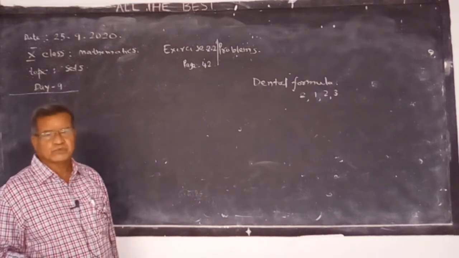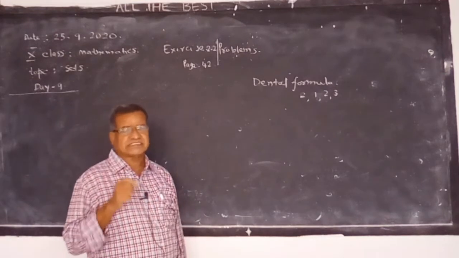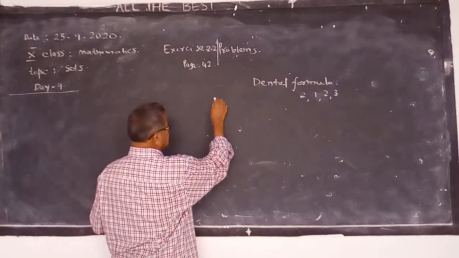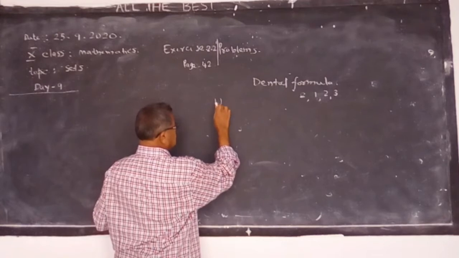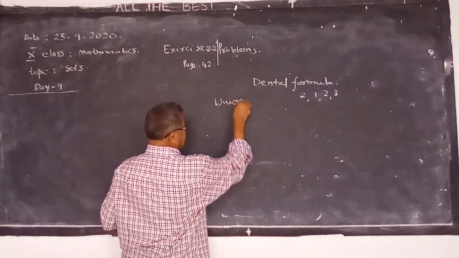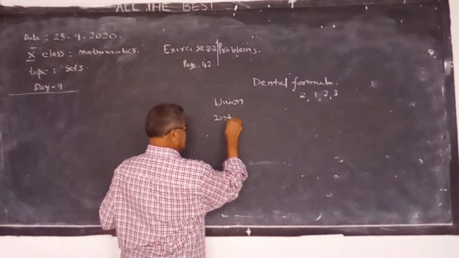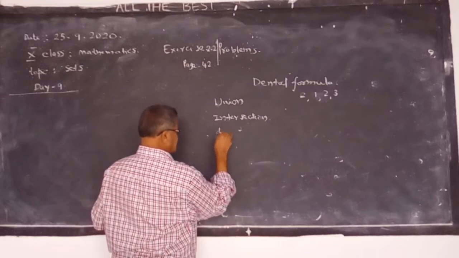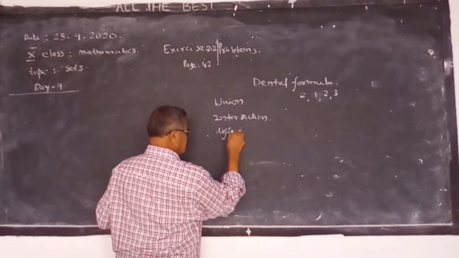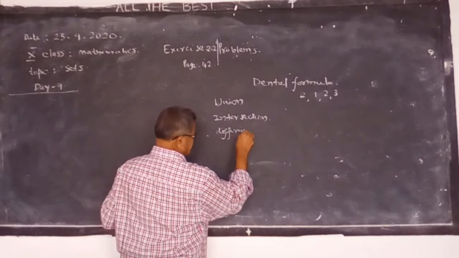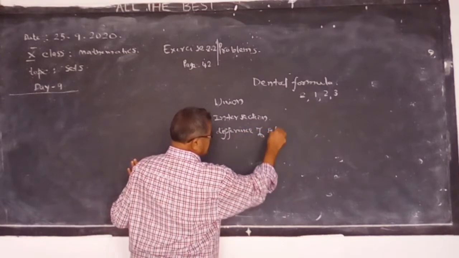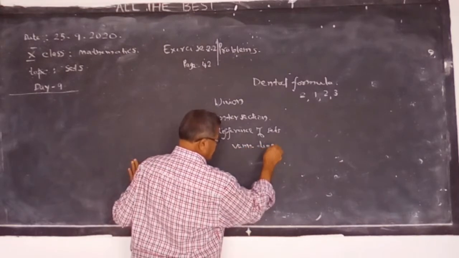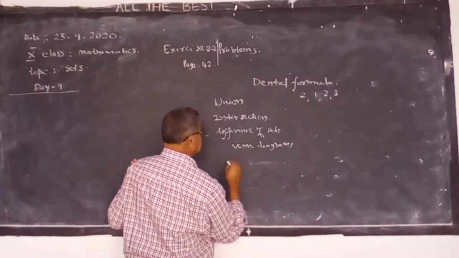Already we did the fundamental operations of sets: union, intersection, the difference of sets, and Venn diagrams, and cardinal number.